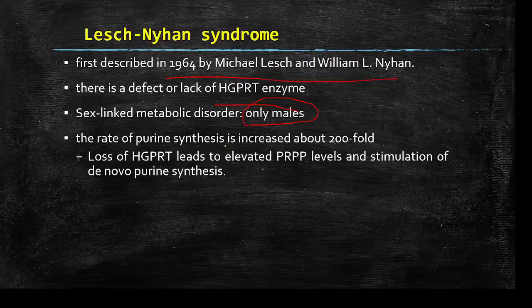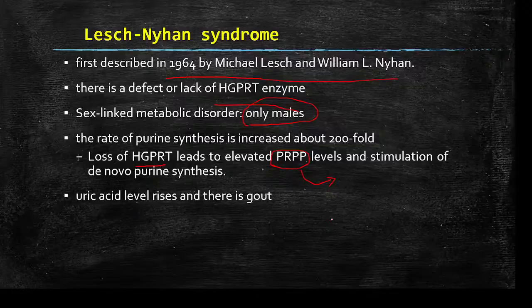The rate of purine synthesis is increased about 200-fold in this case. Why? Because a lack of the enzyme HGPRT leads to an elevated level of phosphoribosyl pyrophosphate sugar molecule. This increases the rate of de novo synthesis of purine nucleotides.